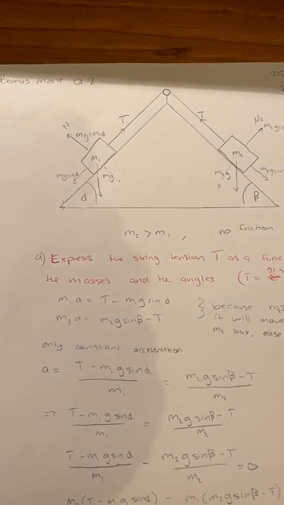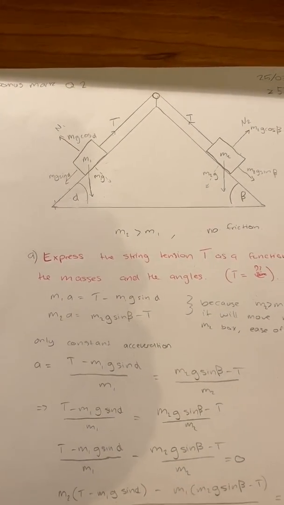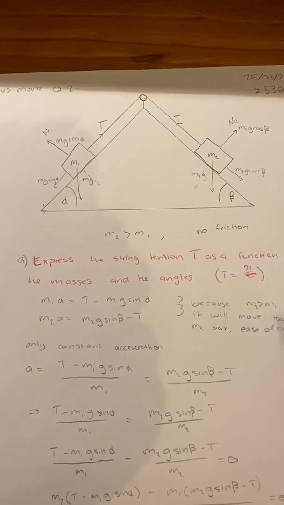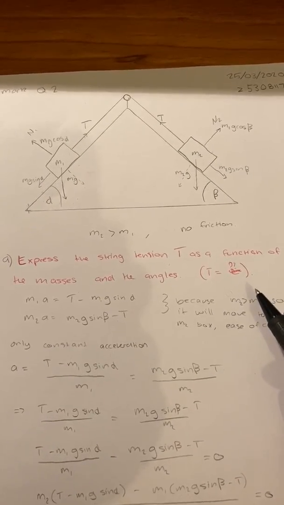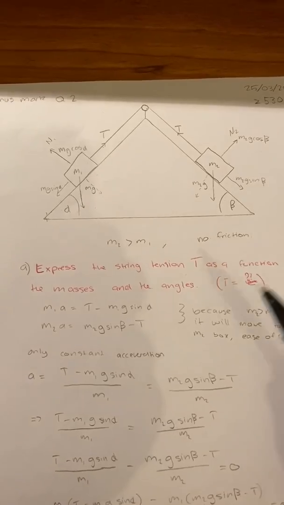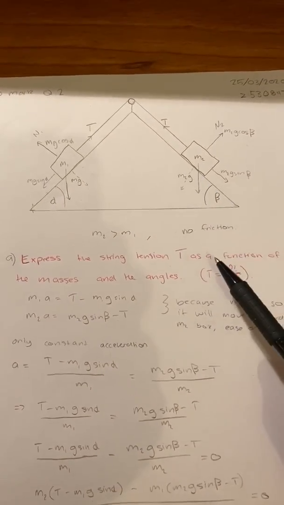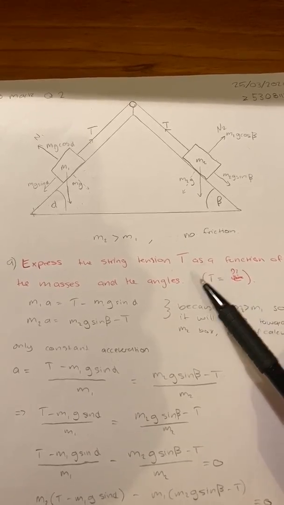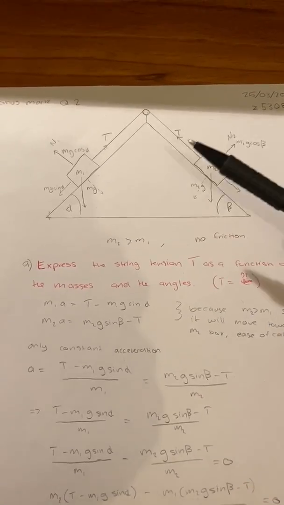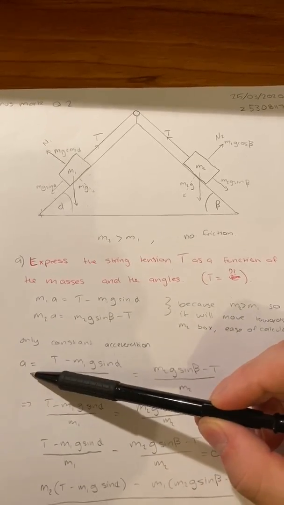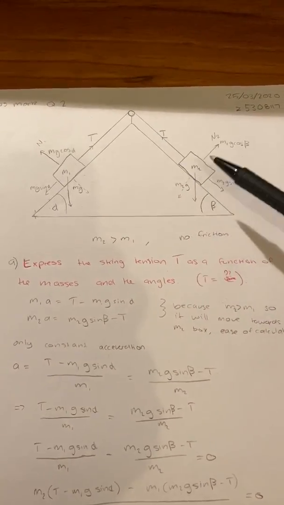So to get the expression for T as a function of mass and angle, you have to relate them somehow, and you can relate them with this equation right here that represents each one. The net forces will equal each other because the acceleration is the same on each one.